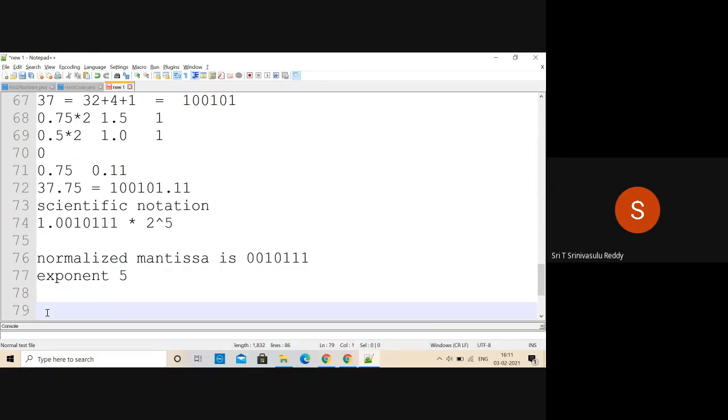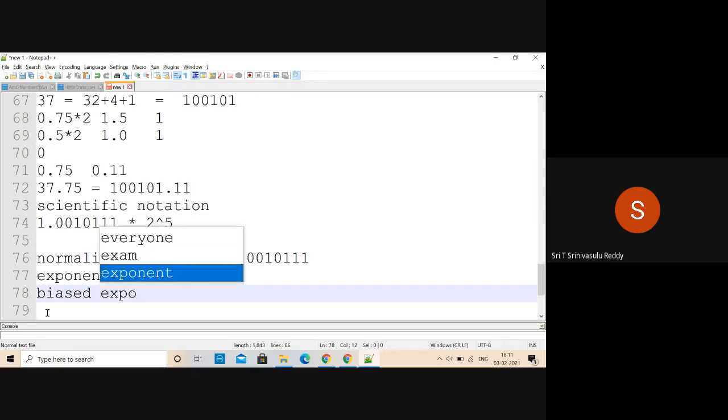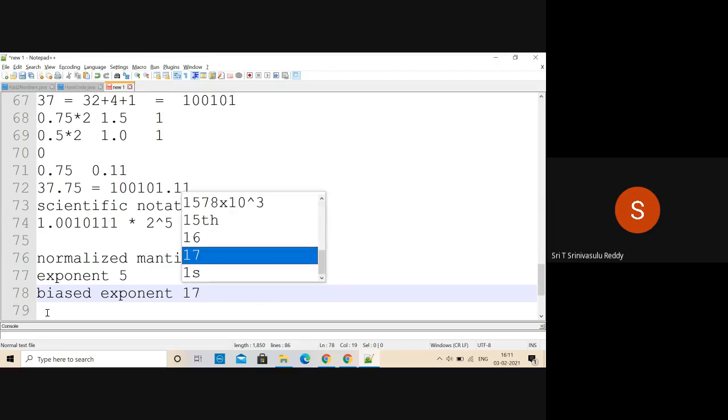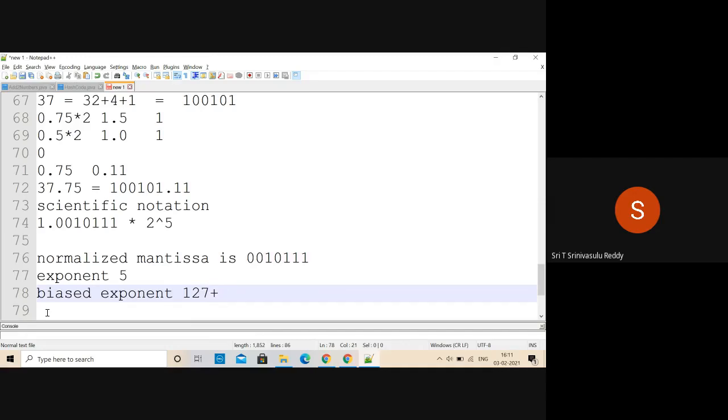So what is the corresponding 32-bit representation now? It is straightforward. Whenever you use the biased exponent, using 127 as a bias, 127 plus 5 is nothing but 132.